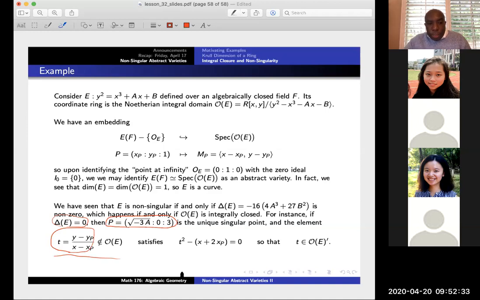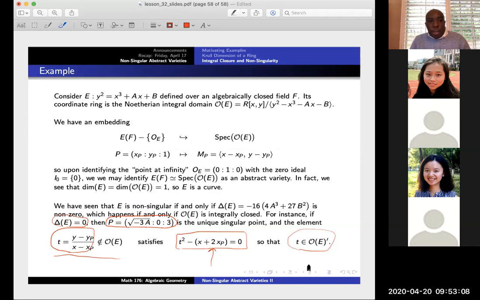Now, you can actually check, and this isn't hard at all, that T is a root of the following polynomial. That is T squared minus this number is equal to 0, where this number, you can check, is in the coordinate ring. So this means that T is the root of a degree 2 monic polynomial with coefficients in the coordinate ring. So by definition, it's in the integral closure.